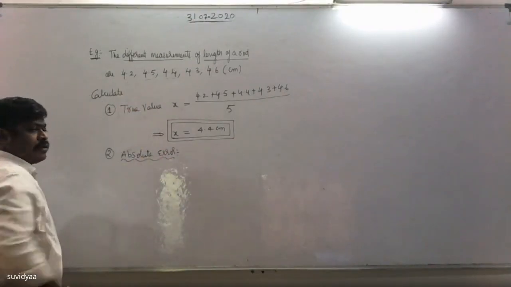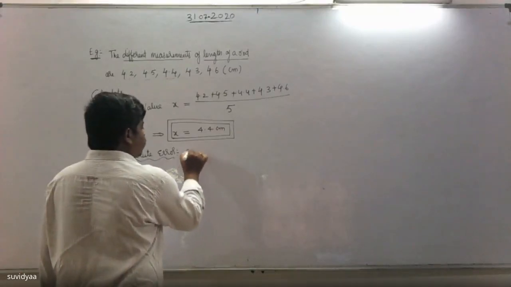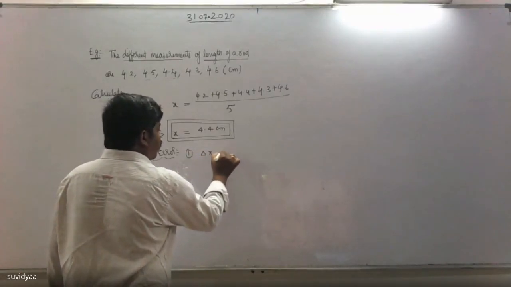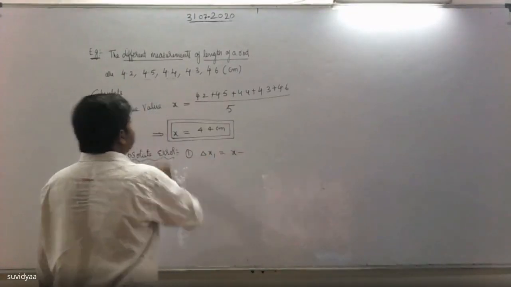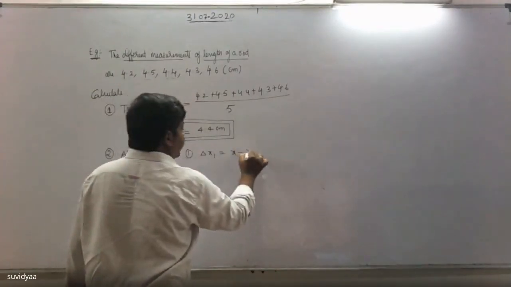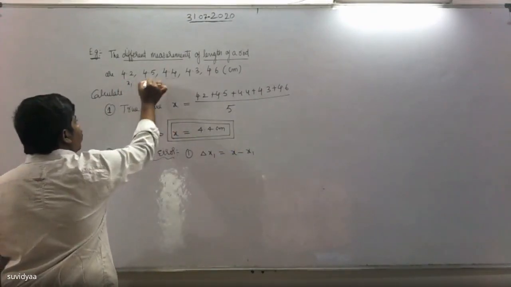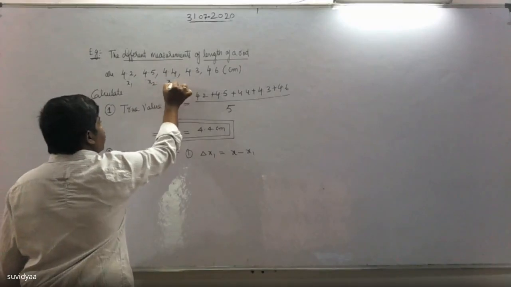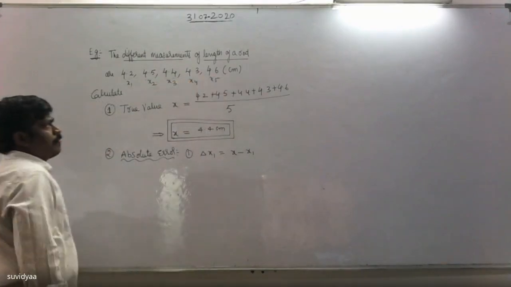Calculate absolute error. Just now I told you the formula. First one, delta x1 is equal to the true value minus the first measurement, that is x1. This is x1, this is x2, this is x3, this is x4, this is x5.